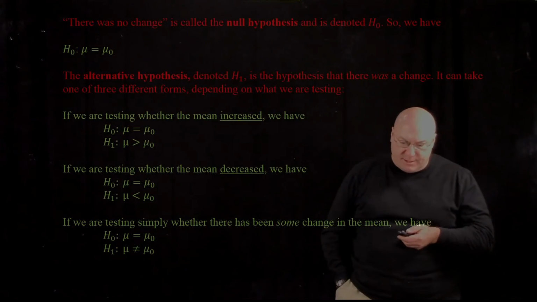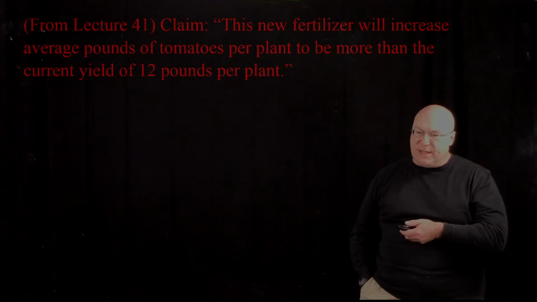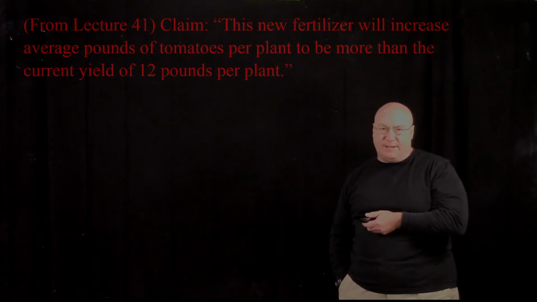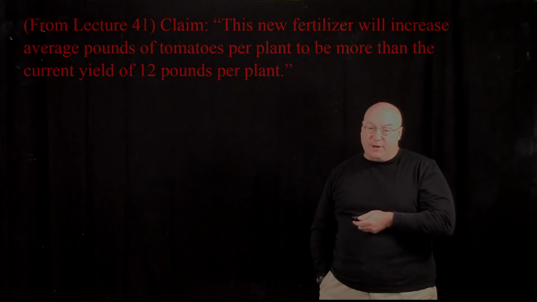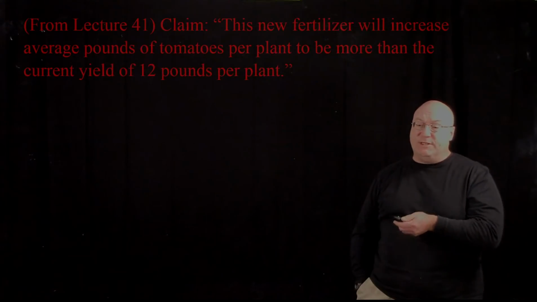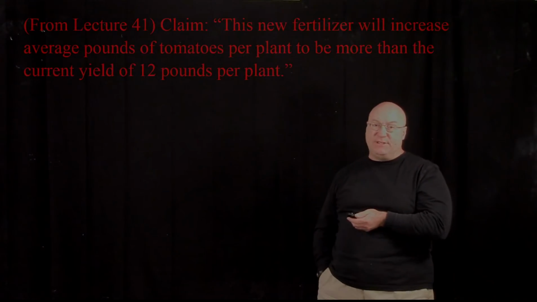So I'm on to the examples now. The first example comes from lecture 41, the tomato plant example. If you want, you can go back and review that one, or at least review your notes, which should help you remember what was going on there. I'm going to state this as a claim. In fact, this is typically what happens in hypothesis testing.